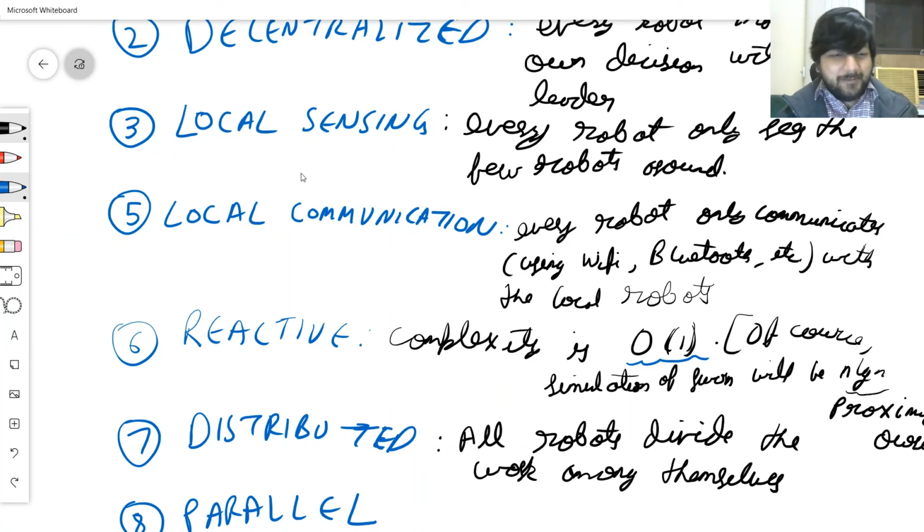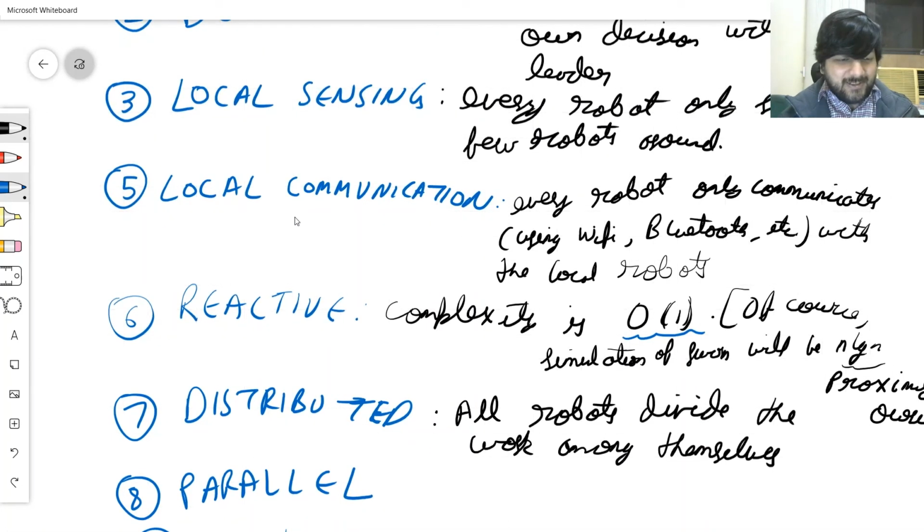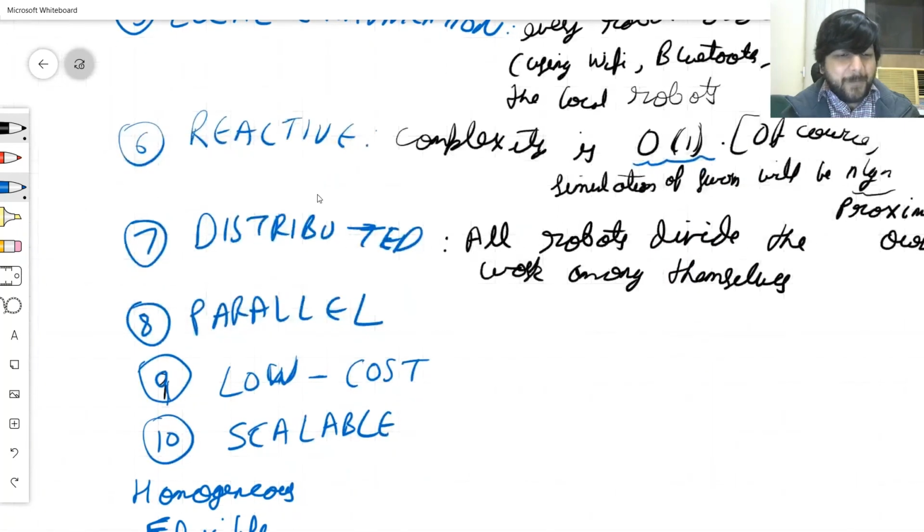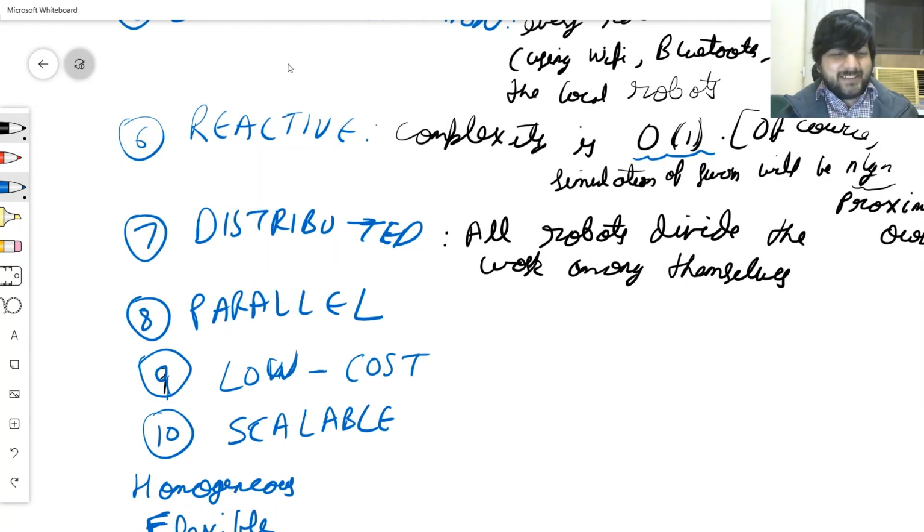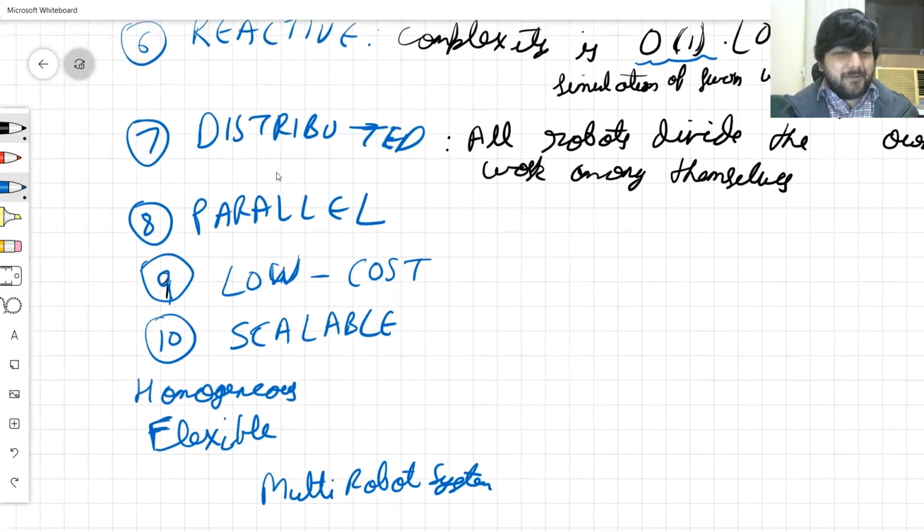Or based on global information, it could find out that there is a lot of congestion and it should avoid that. They could be deliberative and reactive as well. We looked at it. They could be a mixture of deliberative and reactive.